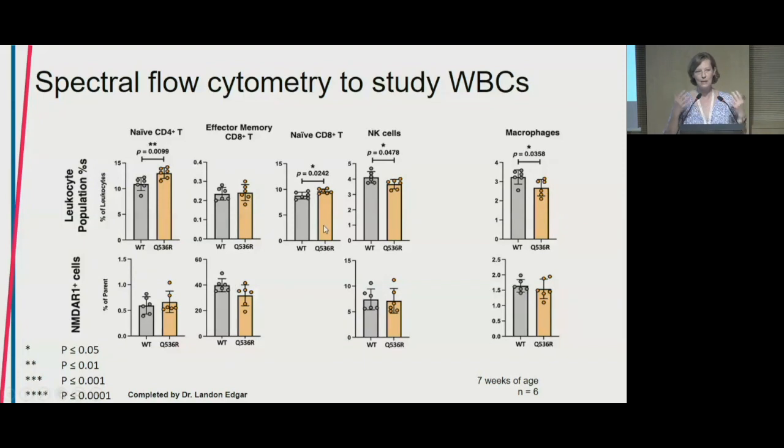So it may be that there's less of this transition from a naive T cell to one that is responding to an immune challenge. So we will see whether we can detect any differences in their immune system by giving some challenges to the immune system. These mice are stored in a very clean facility where they don't see a lot of pathogens.